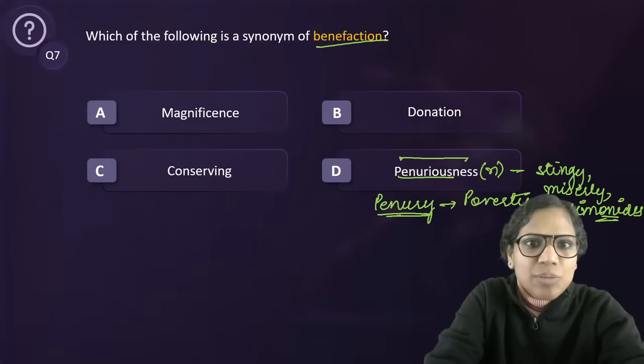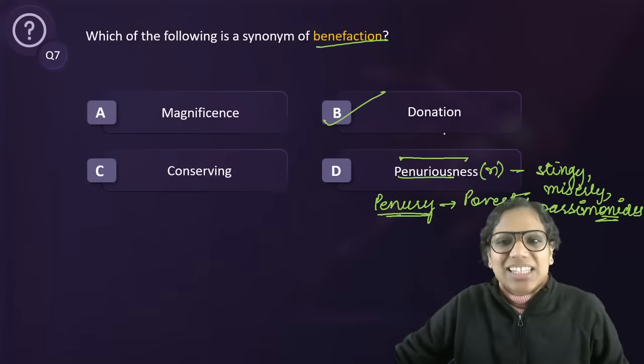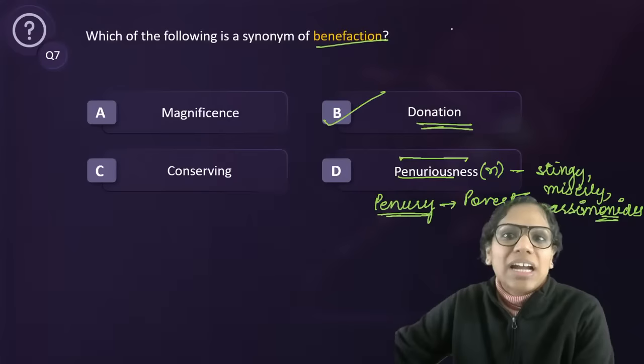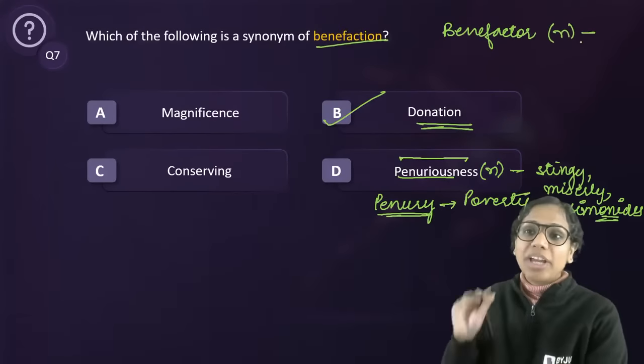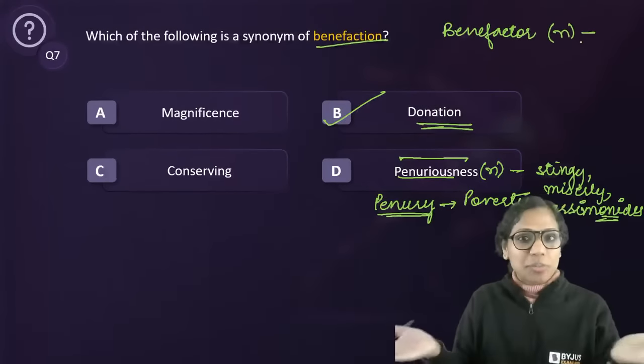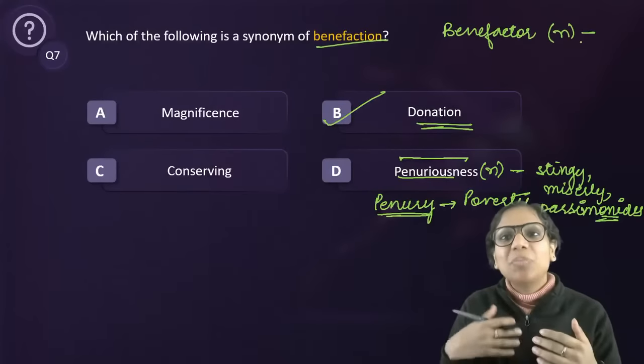So now I have got mostly B's. That's great actually. B is the answer, donation. Benefactor, I think a lot of you must have heard. In Bollywood, particularly, people say, "Oh, I never had a godfather. I made it on my own." So the godfathers of Bollywood are the benefactors.